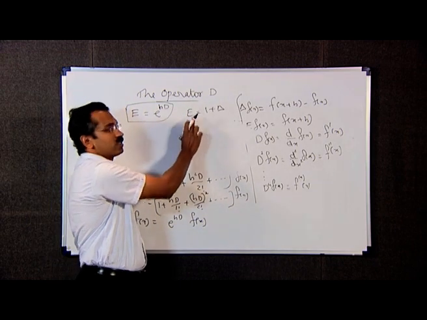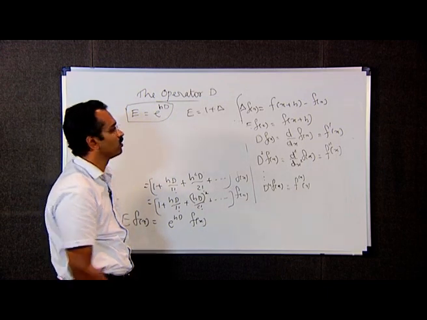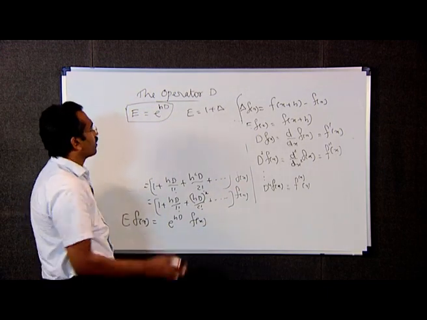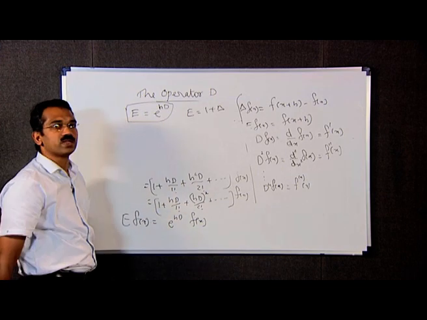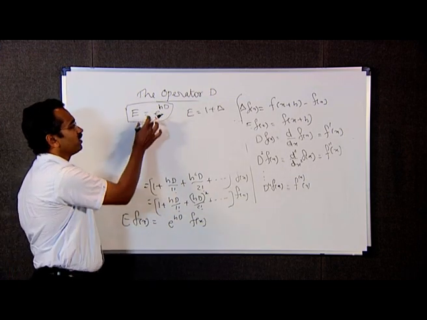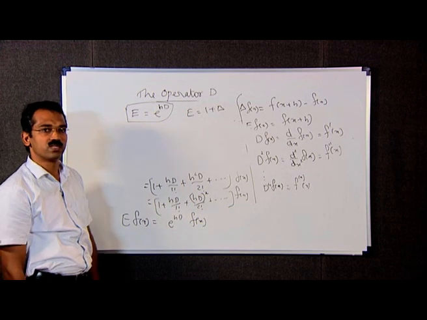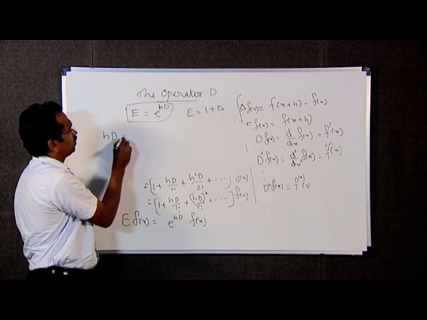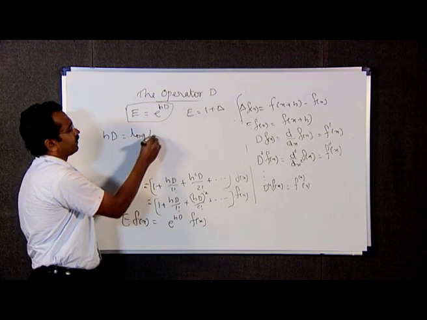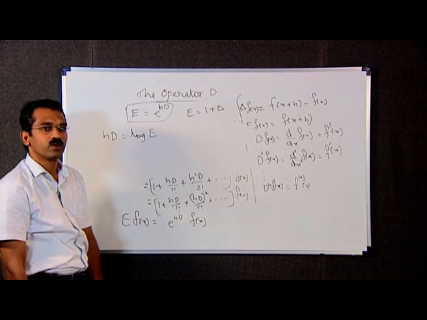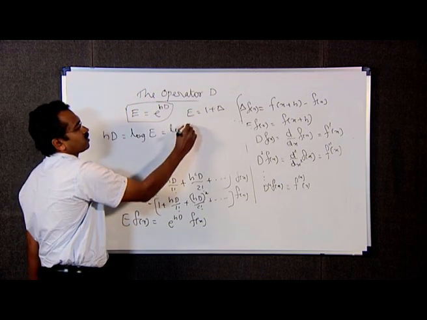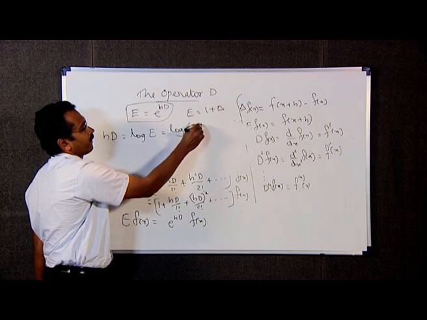The shift operator E is equal to 1 plus the forward difference operator delta. Consider E is equal to e raised to h D, and applying the logarithm on both sides, we get h D is equal to log E, that is equal to log of 1 plus delta.